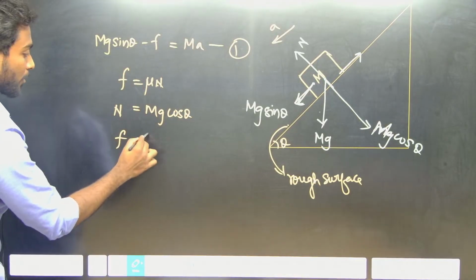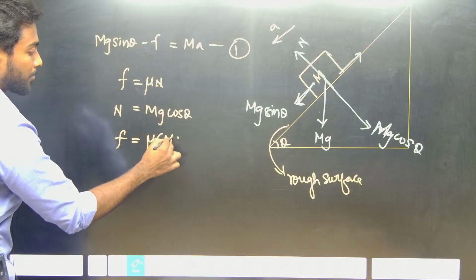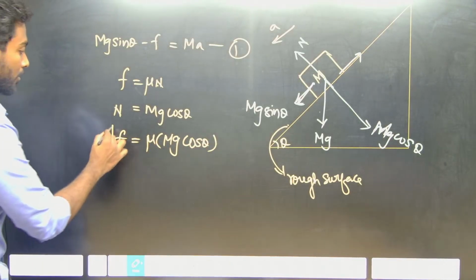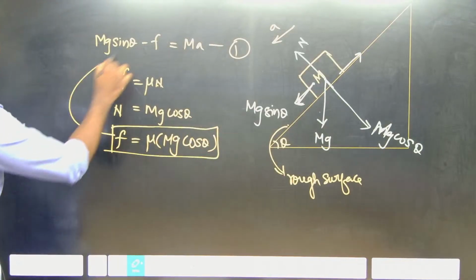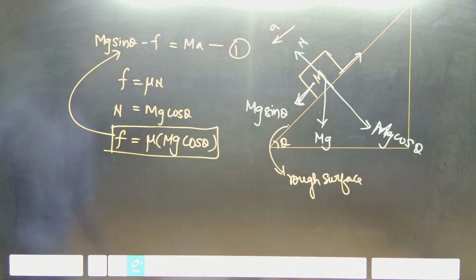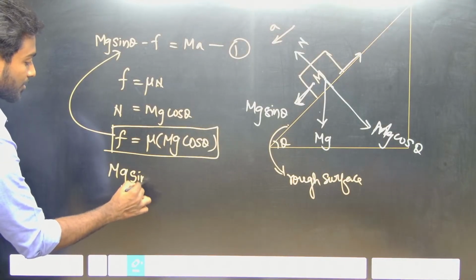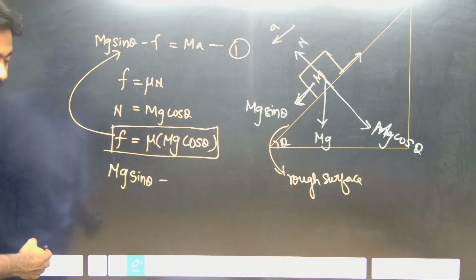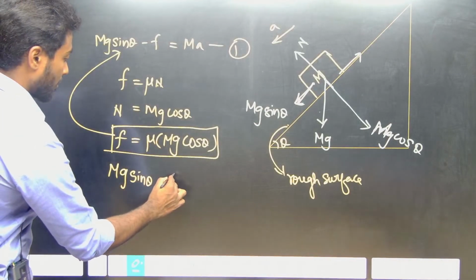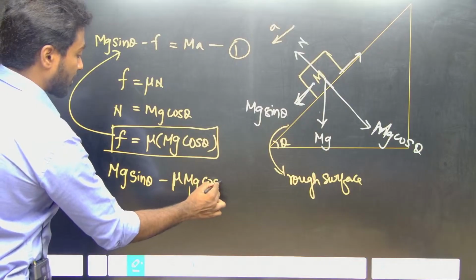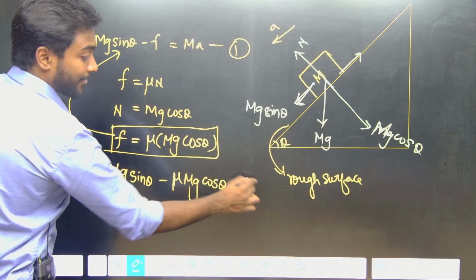So F is equals to mu into mg cos theta. This is my friction. I will substitute this friction in equation 1. So mg sin theta minus mu into mg cos theta should be equals to mass into acceleration.